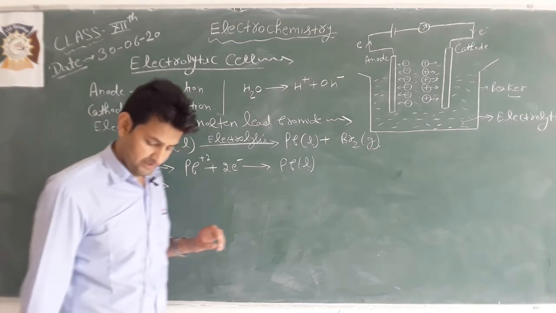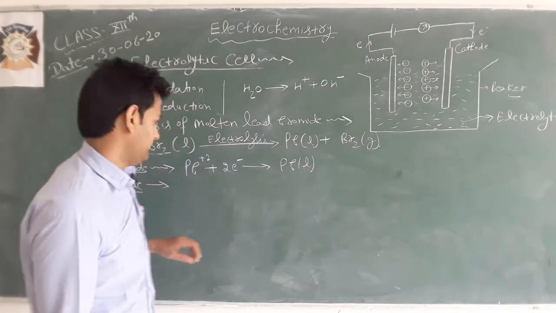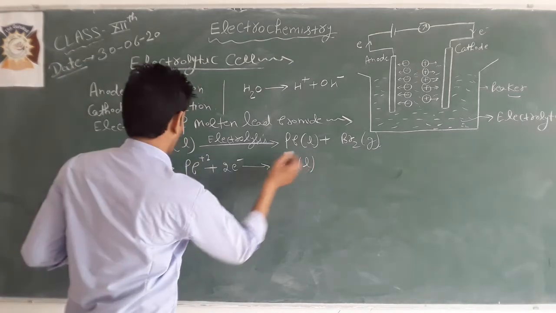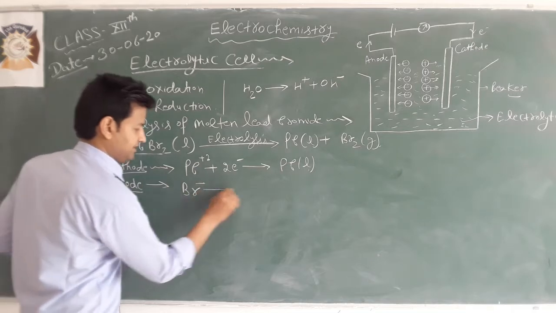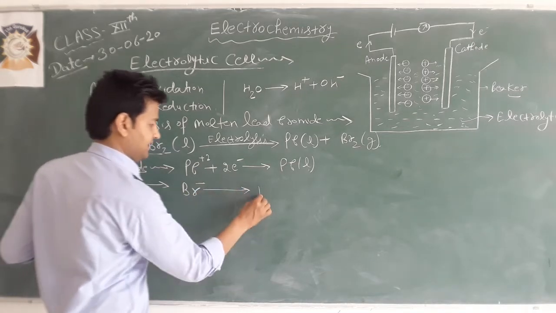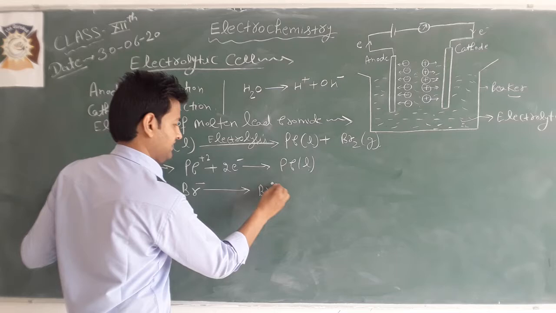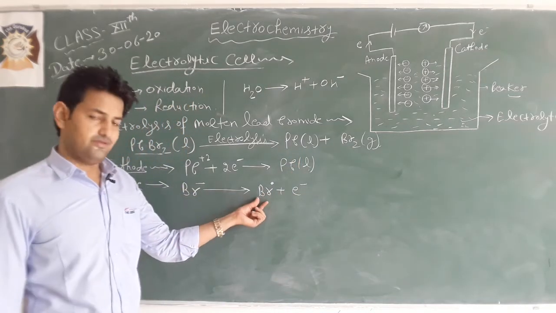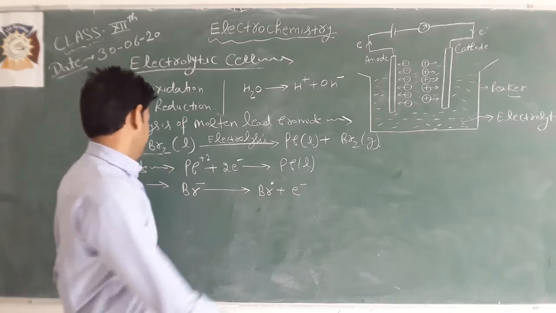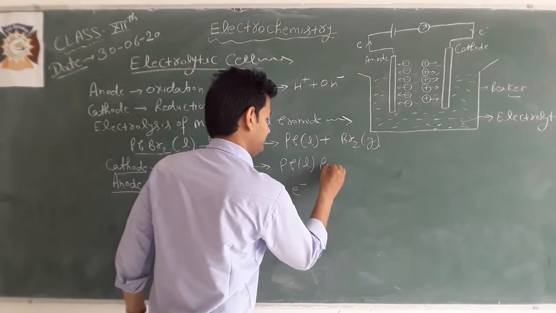One is primary and the second is secondary. How is it? The bromide ion Br minus undergoes oxidation and forms a Br free radical plus 1 electron.